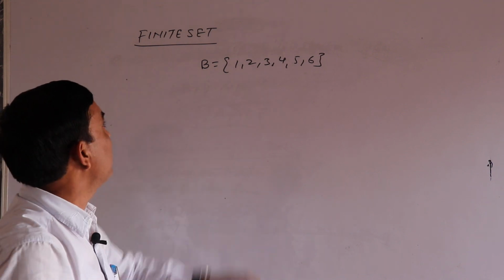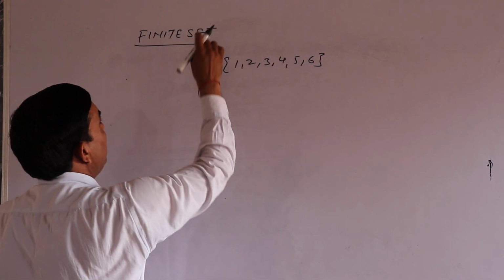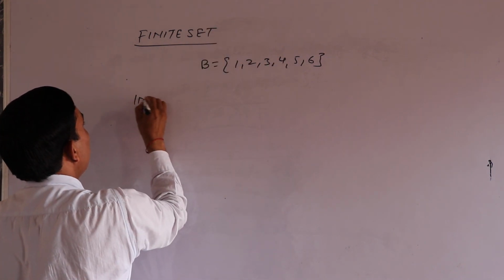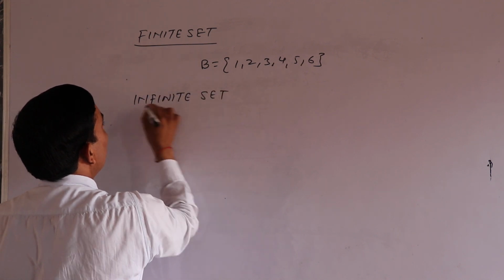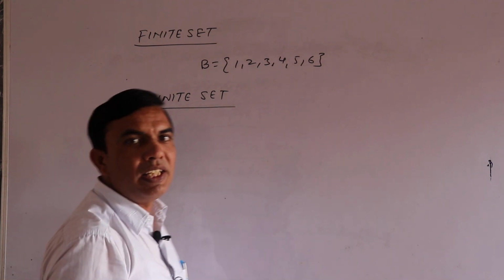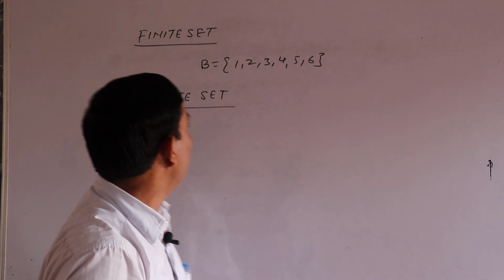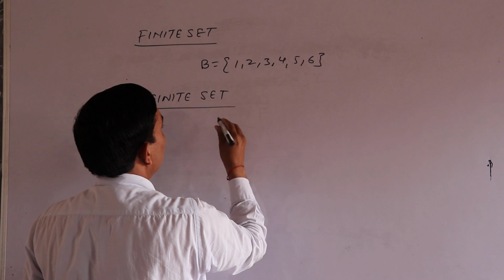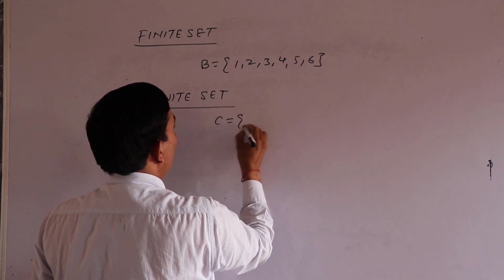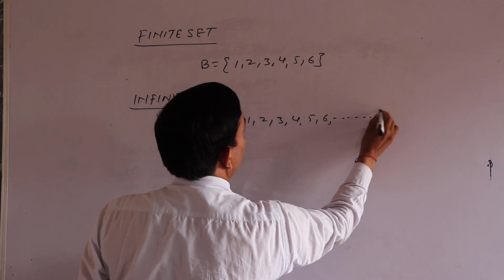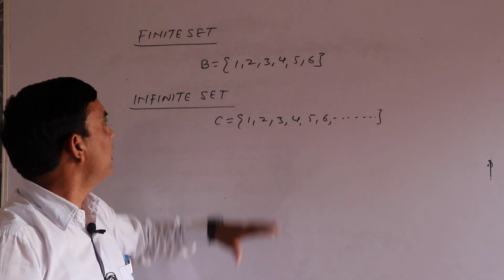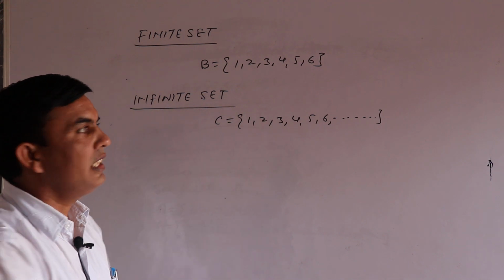The elements are finite, so set B is a finite set. Infinite sets: a set whose elements are uncountable is called an infinite set. Suppose set C equals {1, 2, 3, 4, 5, 6, and so on}. Then this set is called an infinite set.